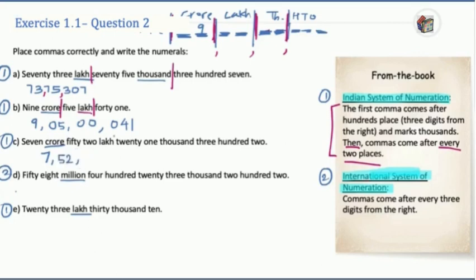Then you have next block. You have 21,000. Okay, 21,000. The block for 1,000 had 2 digits only. So 21 make the 2 digits, 2 and 1. Comma again. 302. We had the last 3 digits left and 302 is just 302. We are done. Let's do part E now.